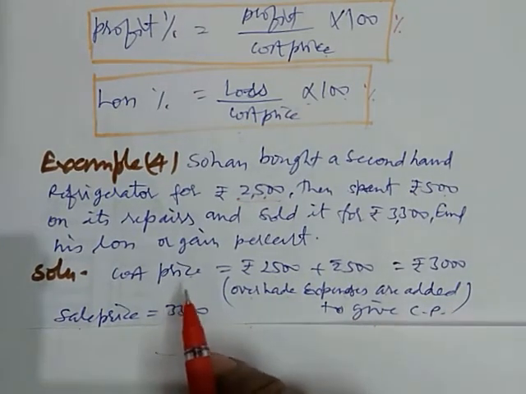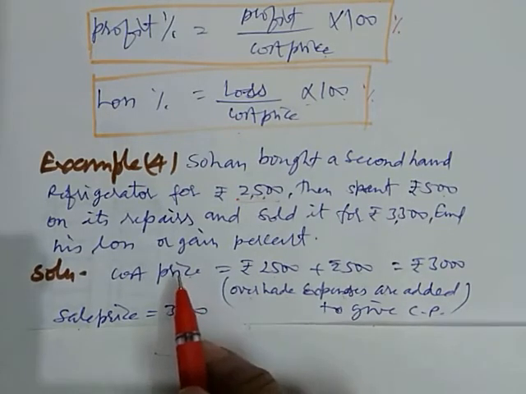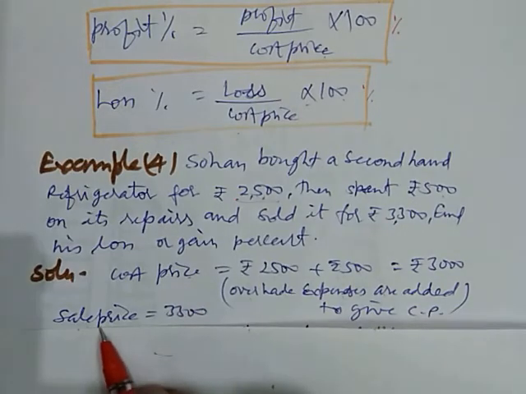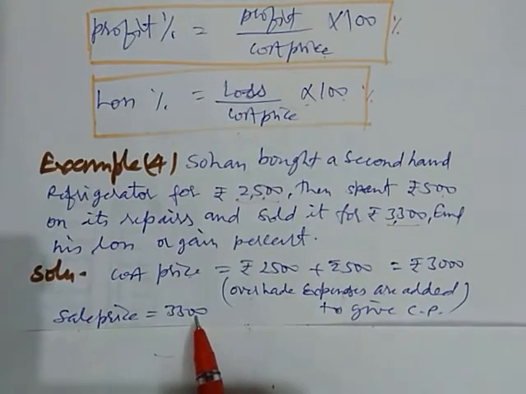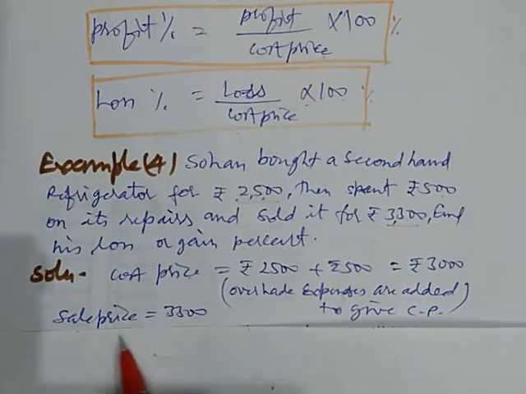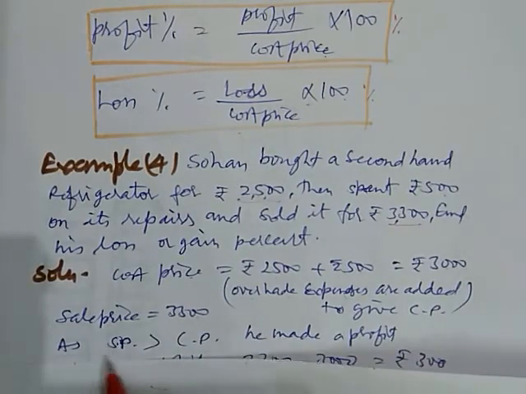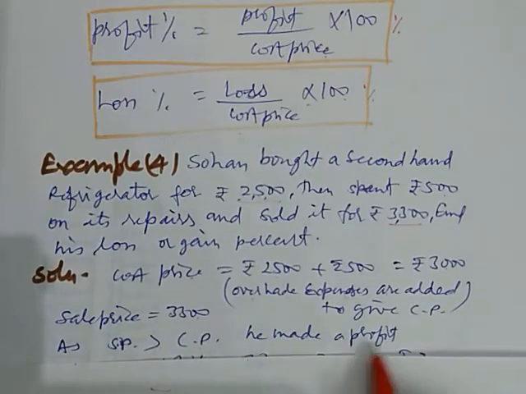And then a seller decides how much price he puts. Now here this sale price 3300 is greater than this cost price. So as sale price is greater than cost price, he made a profit.